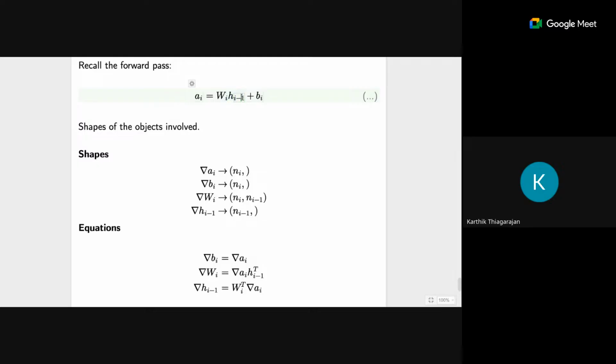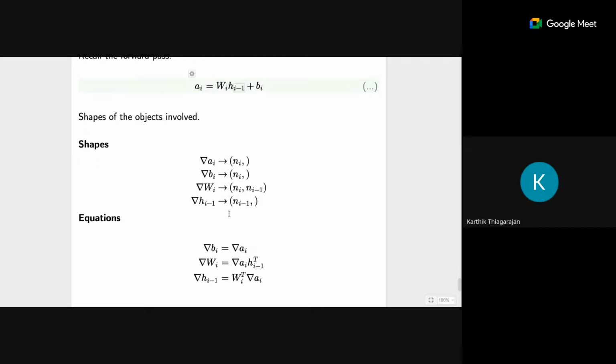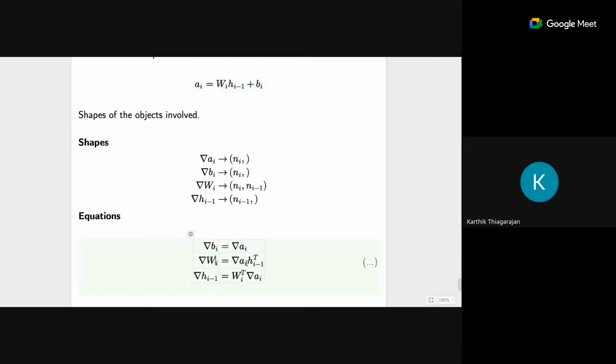Now, if you flip it and want the gradient with respect to h, then you have two other factors, which are a and W. So if you focus on this, the other two are important. If you focus on that, then a and h are important. That's what you will see here. But the gradient of a will always be there, because that's where it comes from. Everything comes from that.